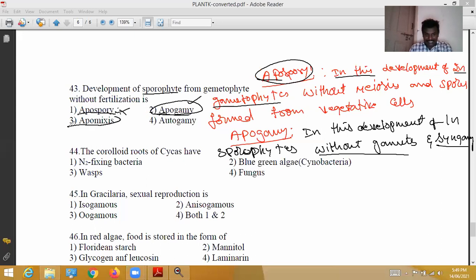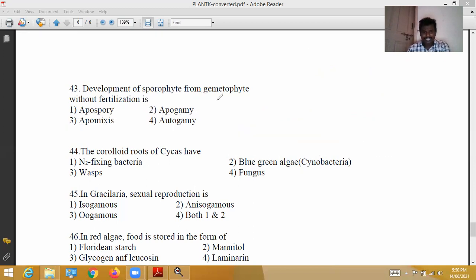Here, apomixis: seeds are formed without the fertilization and fusion of male and female gametes. But they have asked about sporophytes. Autogamy: auto means self, gamy means marriage, self-marriage. But they have asked about sporophyte. Among the four options, the correct option is the second option.